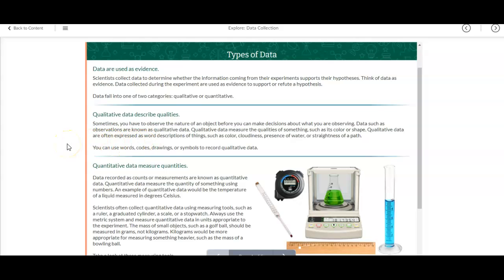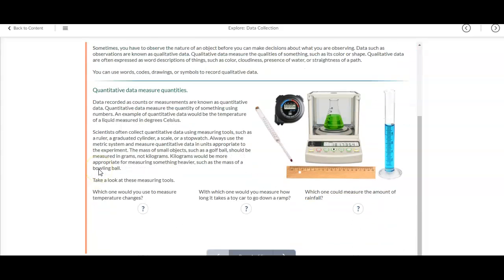Data such as observations are known as qualitative data. Qualitative data measure the quality of something, such as its color or shape. Qualitative data are often expressed as word descriptions of things. So color, cloudiness, presence of water, straightness of a path. So you may want a definition of qualitative as well as some examples.